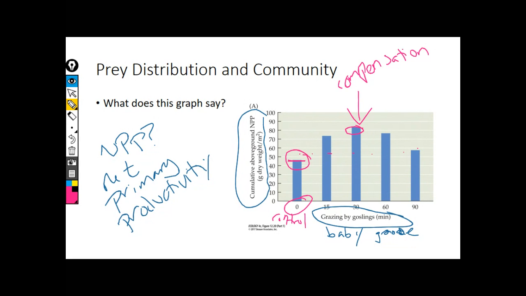What's happening here? Right, so compensation isn't able to keep up or compensate for the amount of tissue damage. So too much damage.